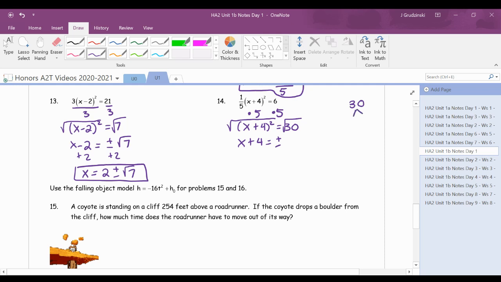If we make a factor tree for 30, I've got 15 and 2, which is 3 and 5. So we don't have any pairs of numbers there, so that means the square root of 30 doesn't simplify any further. I just have plus or minus root 30. And then if I subtract the 4, I get x equals negative 4 plus or minus root 30.